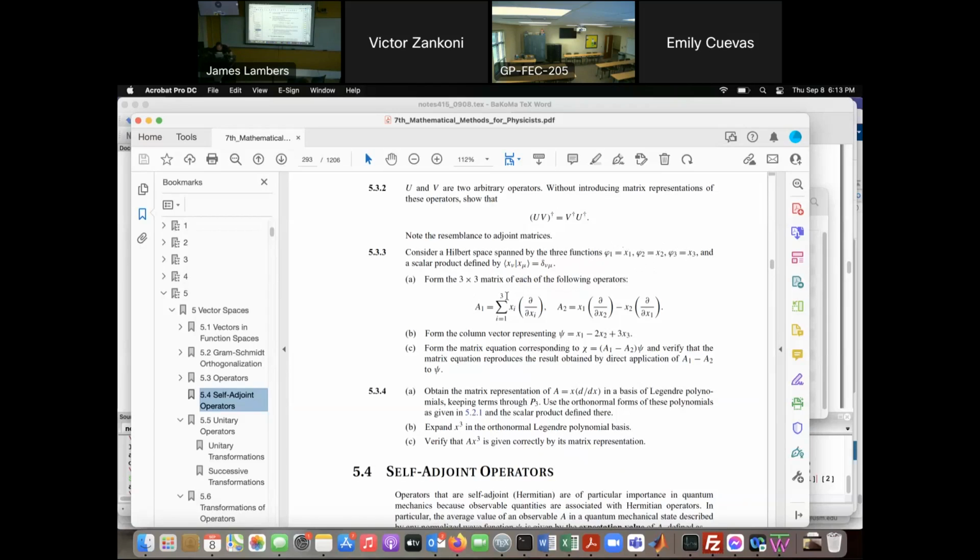What happens is when you actually work out this operator, for instance, applied to x1, the result that you get is going to be a linear combination of x1, x2, and x3. And that will tell you how to fill the first column of your matrix. Okay, actually, I'm going to write this into the notes.